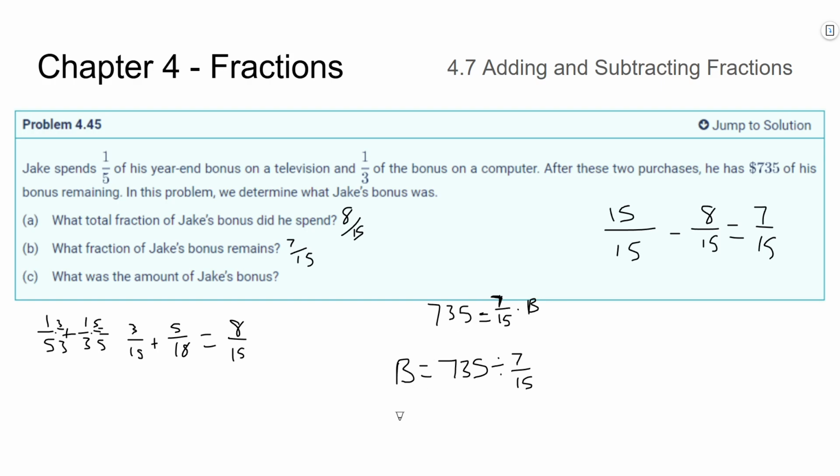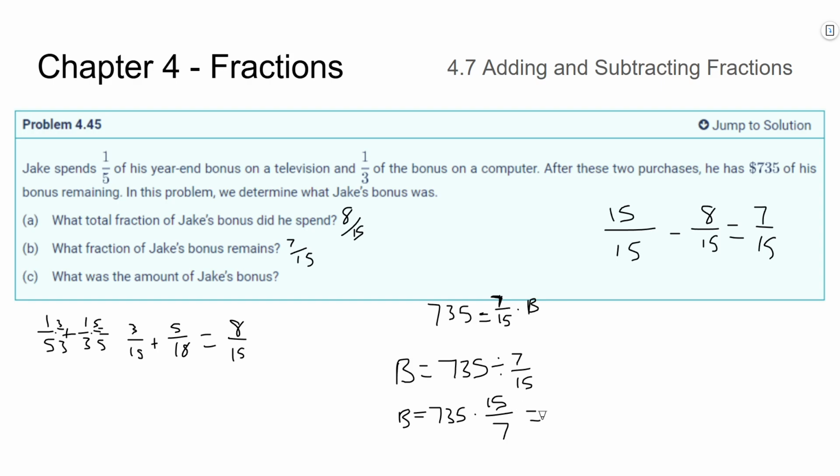And division is the same thing as multiplying by the reciprocal. So B is equal to 735 times 15/7.